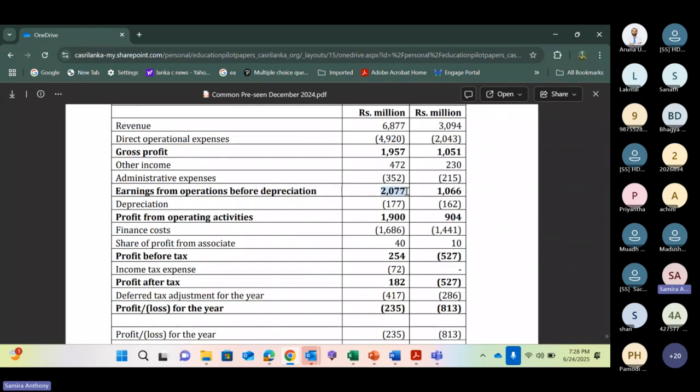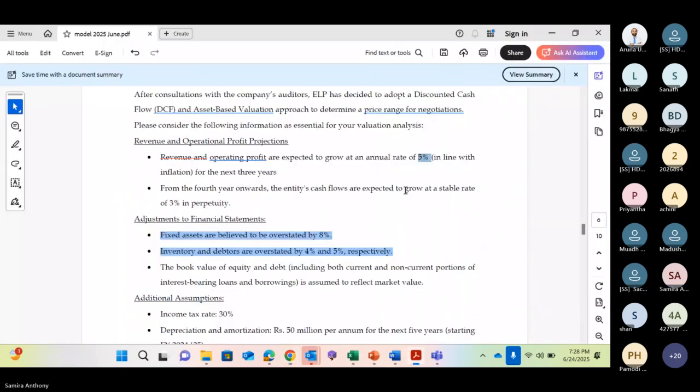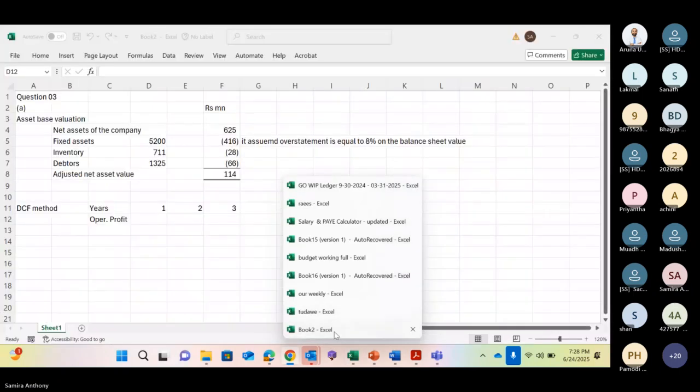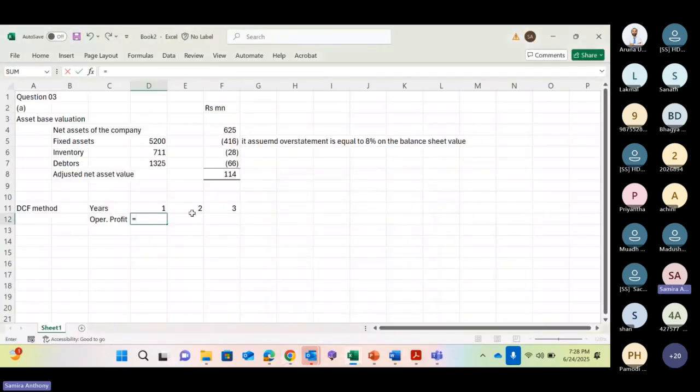Therefore, let's take earnings from operations before depreciation 2077, multiplied by 1.05, 5% per annum.